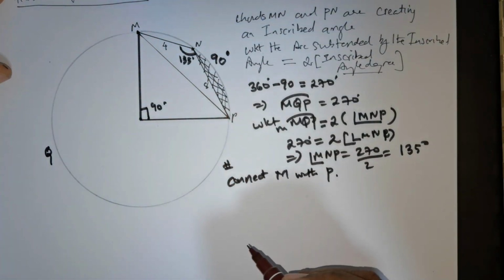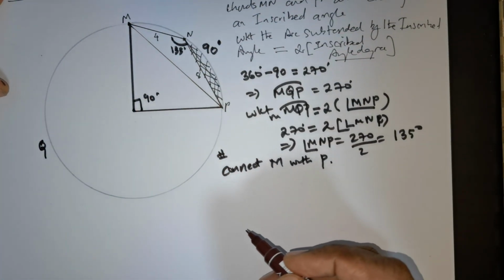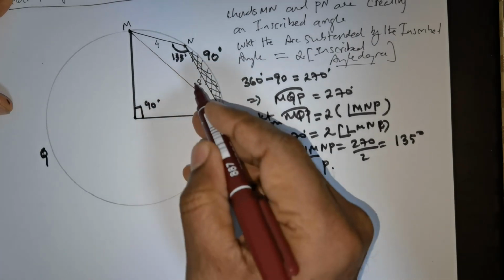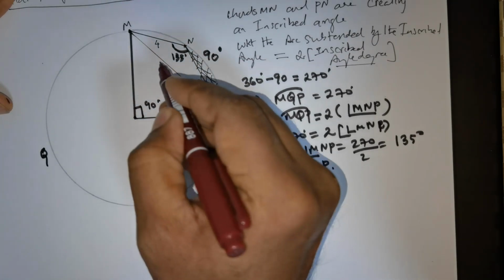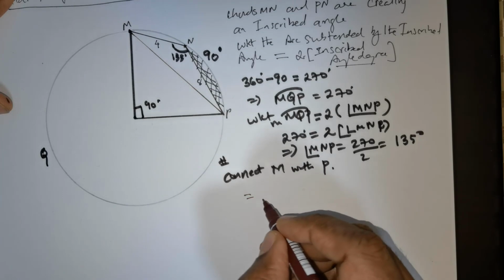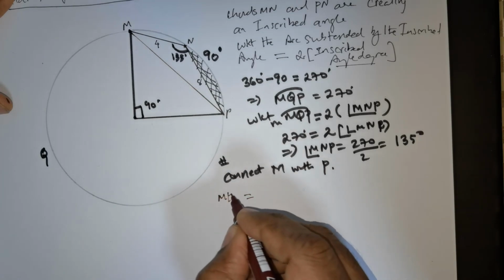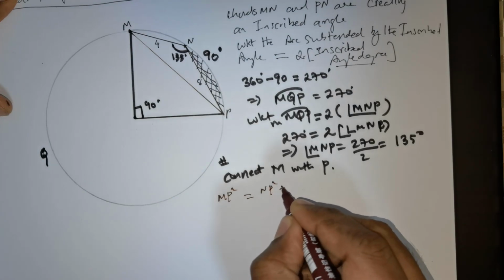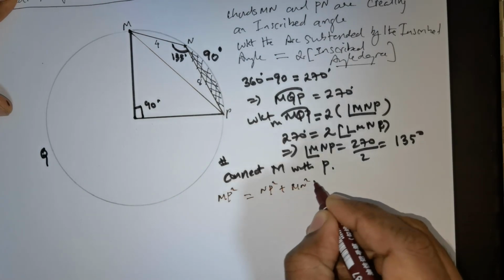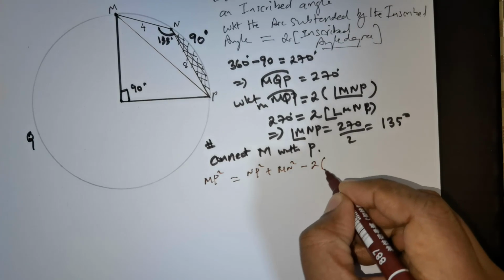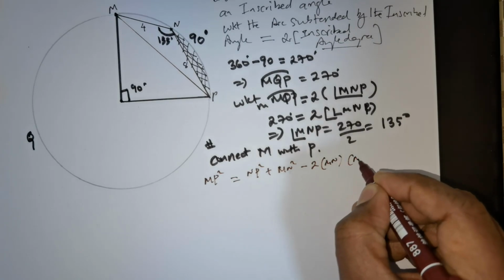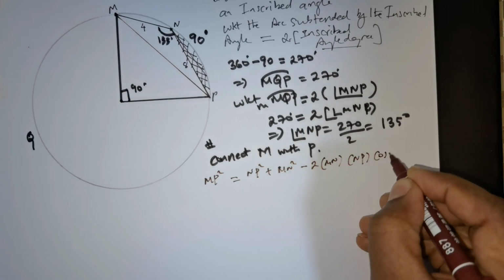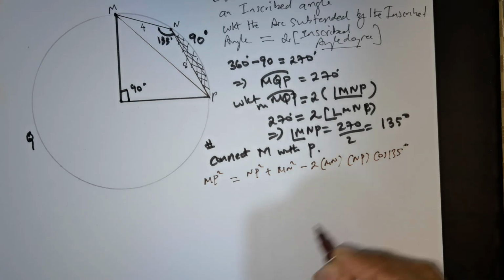Okay, so now I'm going to be utilizing the cosine rule. So I need side MP. So MP squared is equal to NP squared plus MN squared minus 2 times MN times NP times cos of 135 degrees.